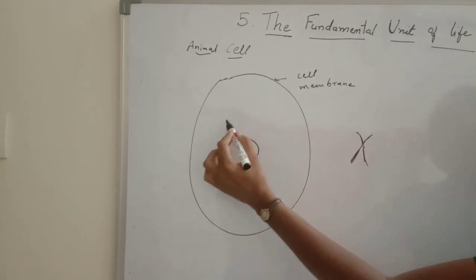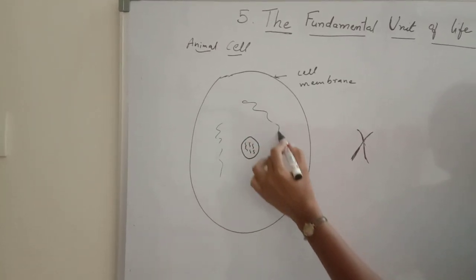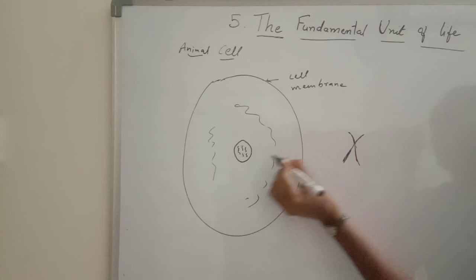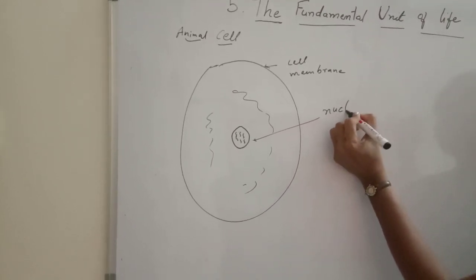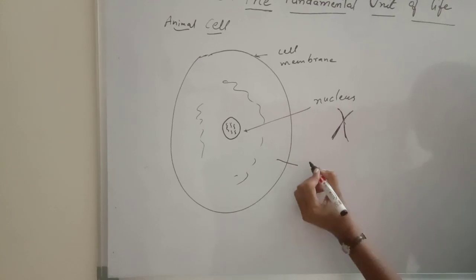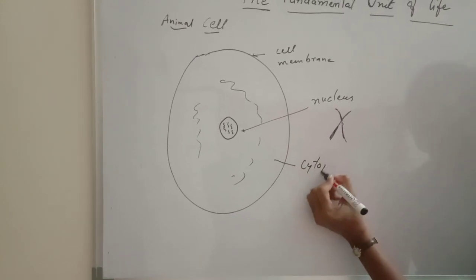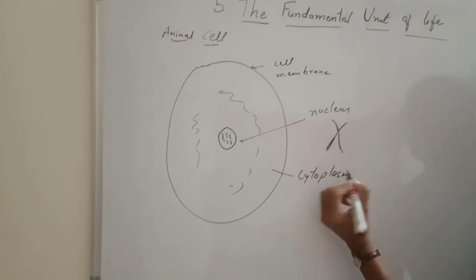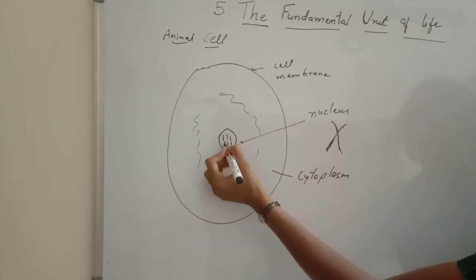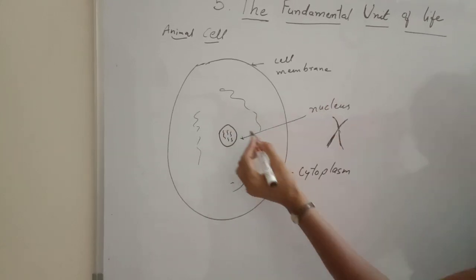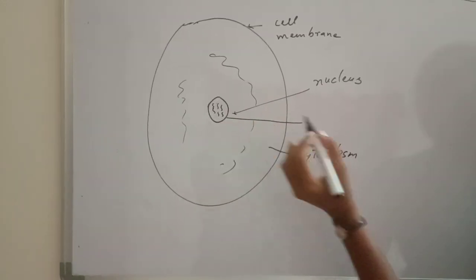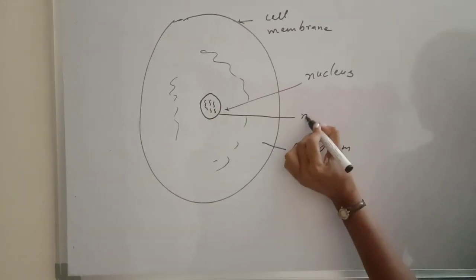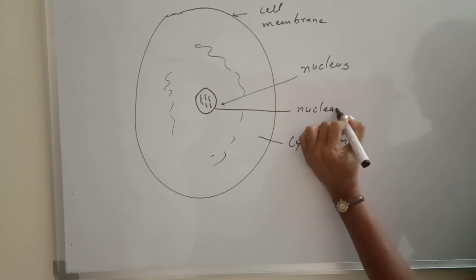Now, the fluid which is present here is known as cytoplasm. So, this is the nucleus, and the fluid is called cytoplasm. This nucleus has a double layered membrane, and that membrane is known as the nuclear membrane.